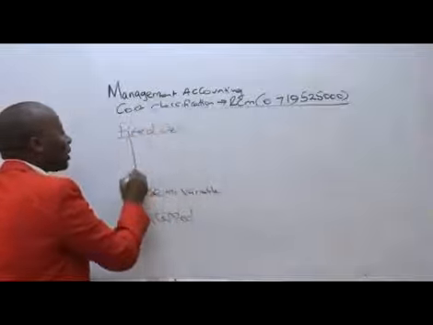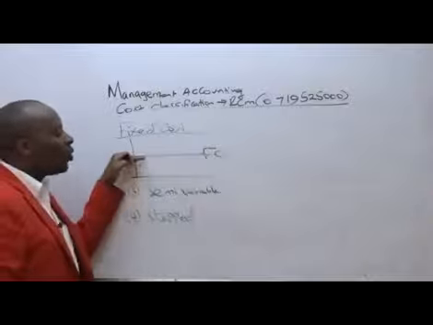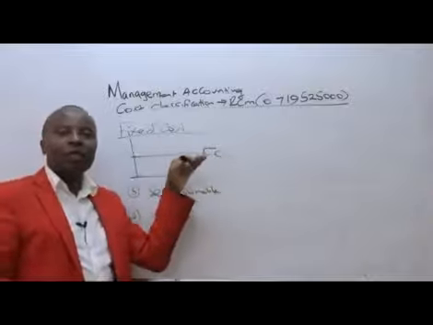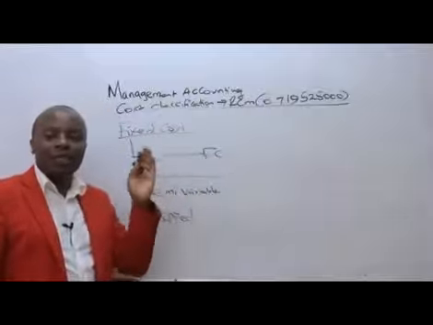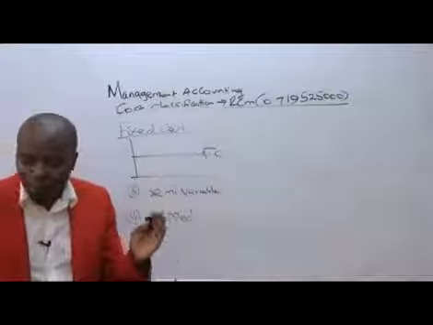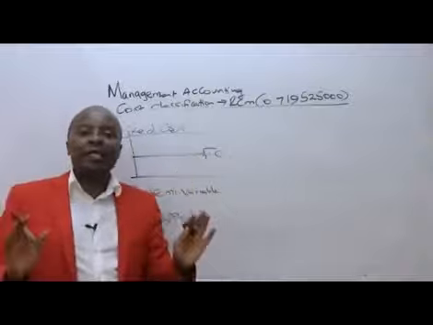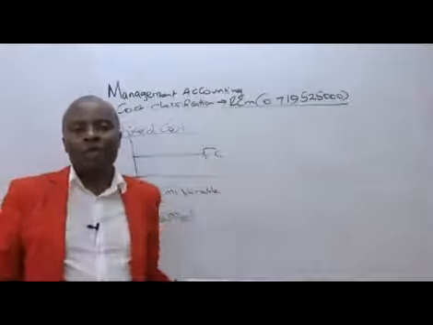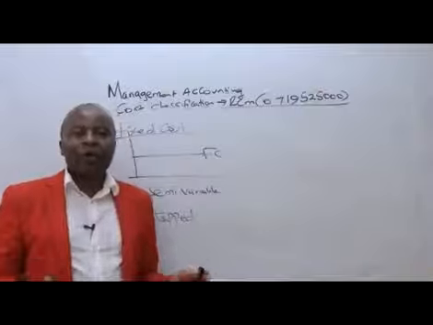For fixed cost, we'll always have it constant, regardless of the output. It doesn't matter how many units you produce, fixed cost will always remain the same. For example, rent. It doesn't matter how many students we put in this room, rent will always be fixed.